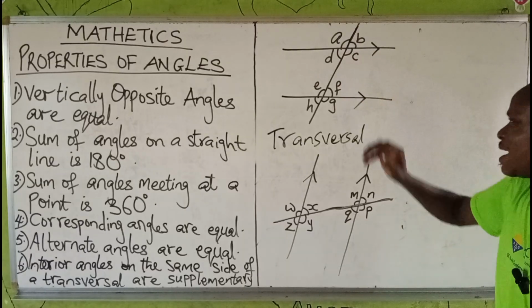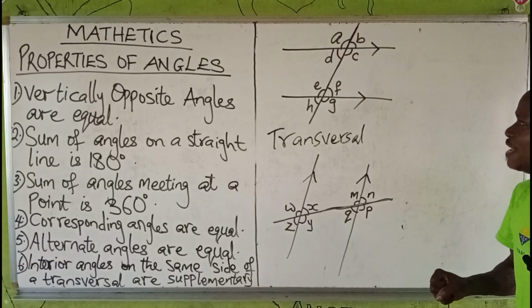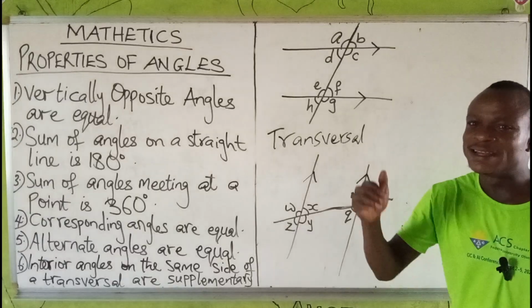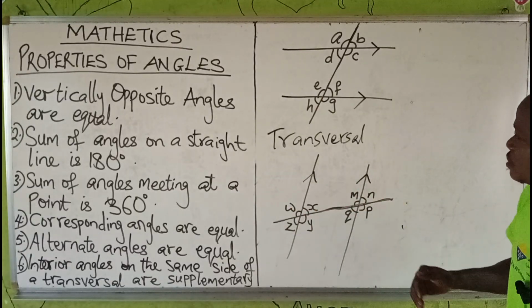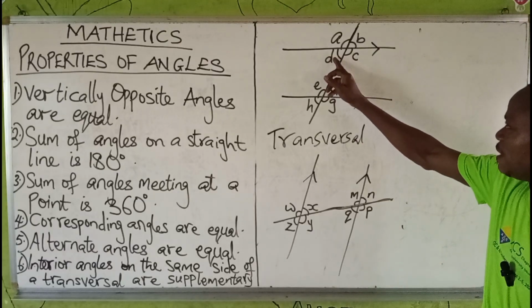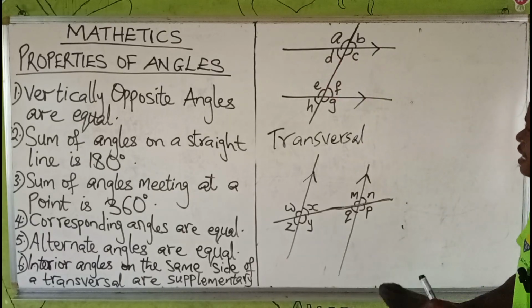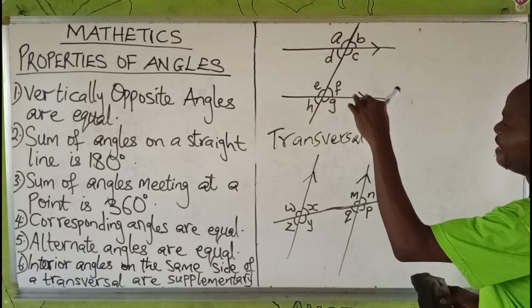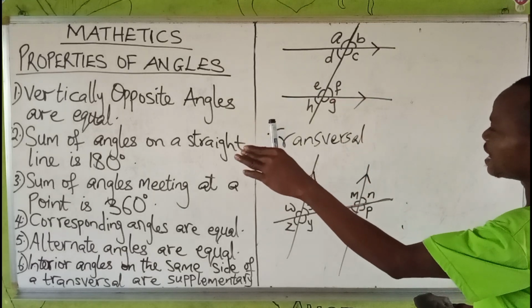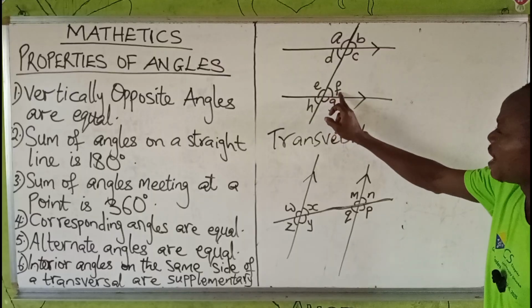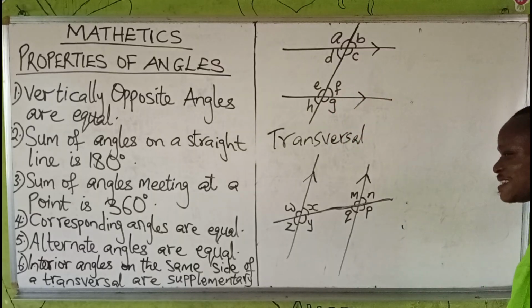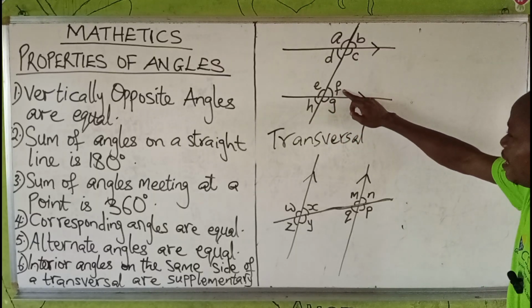Now, which of them are alternate here? The ones occupying the reverse positions. When I mean reverse positions, the angle D here is at the left hand side of this parallel line, while angle F here is at the right hand side of this parallel line.